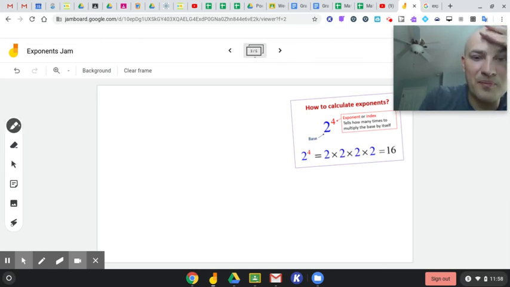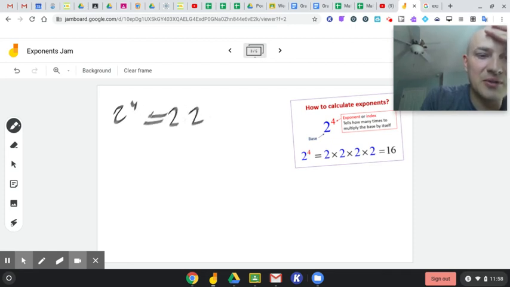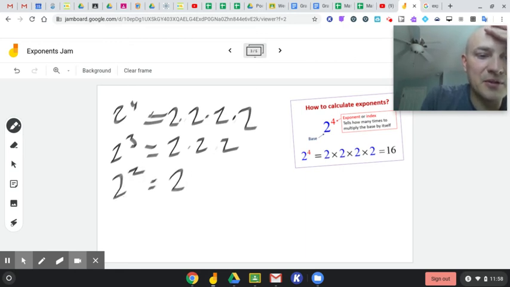In this case, we have 2 to the 4th power equals 2 times 2 times 2 times 2, right? And then 2 to the 3rd power would just be 2 times 2 times 2. 2 to the 2nd power would equal 2 times 2. And then 2 to the 1st power would equal just a 2.